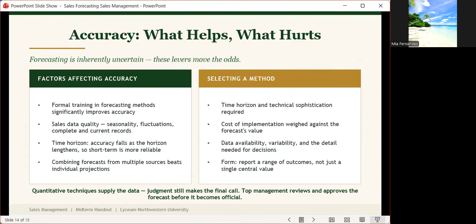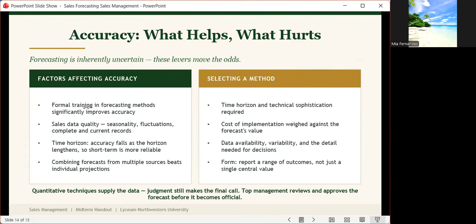Formal training in forecasting methods significantly improves results. Data quality matters, of course: seasonality, fluctuations, and complete current records. Time horizon is the one to memorize. Accuracy falls as the horizon lengthens, so short-term forecasts are more reliable. And combining forecasts from multiple sources beats any single projection.